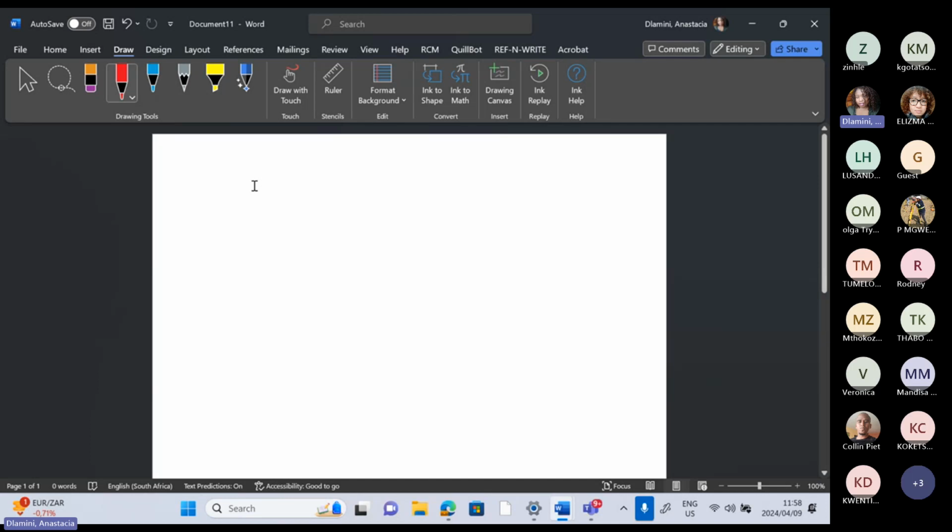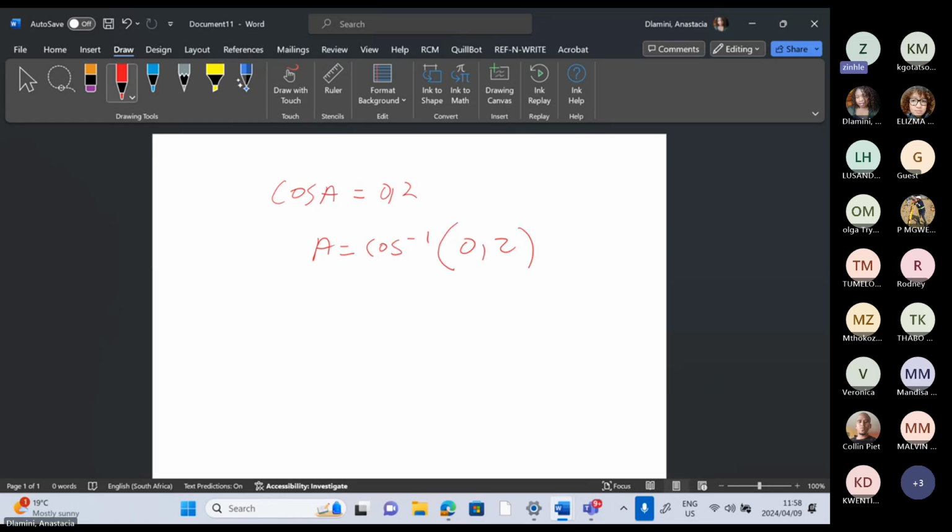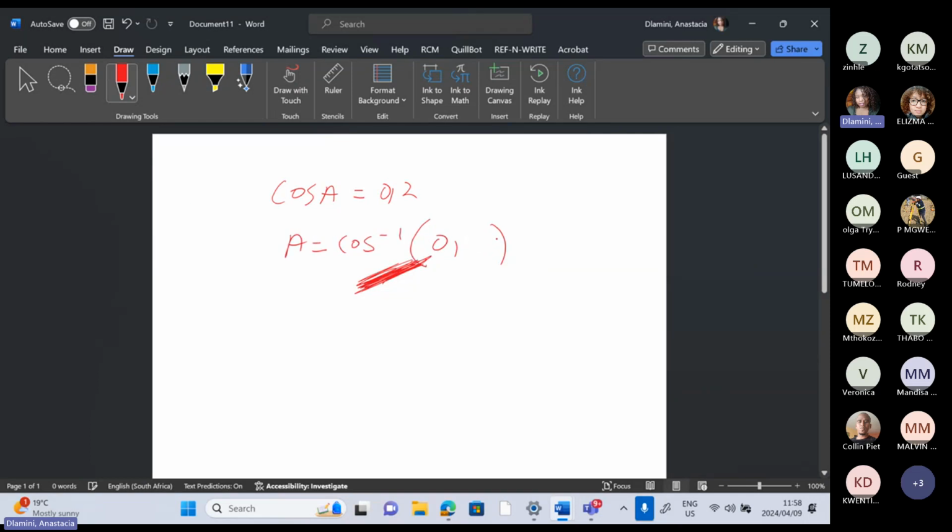For example, they said find the angle A where cos A is, maybe, 0.2, and then you say A is equal to cos inverse of something like this. Remember what you used to do when you were in grade 10, 11, and 12? This is what we are using, even here. So now we want to find the derivative of that.